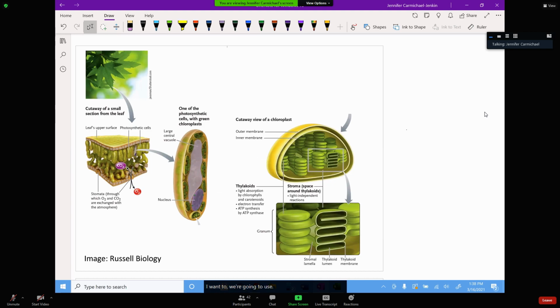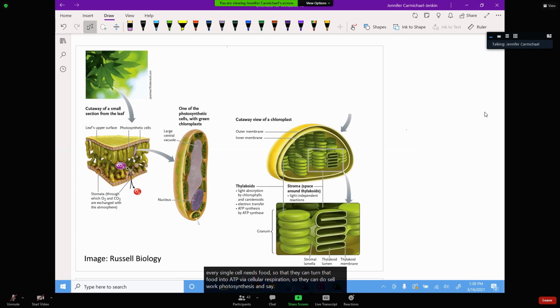We're going to use plants here as this example. Not all cells in a plant can undergo photosynthesis. But every cell in a plant needs organic molecules, right? Every single cell needs food so that they can turn that food into ATP via cellular respiration so they can do cell work.